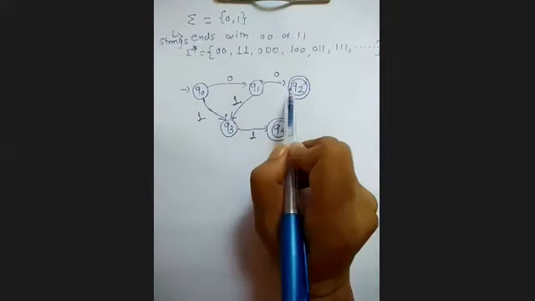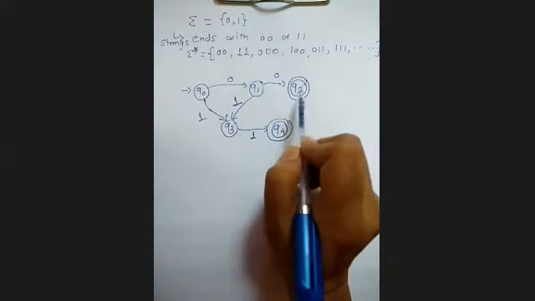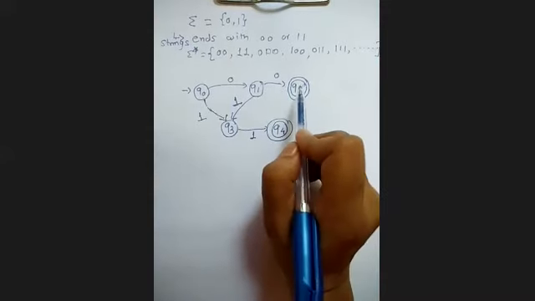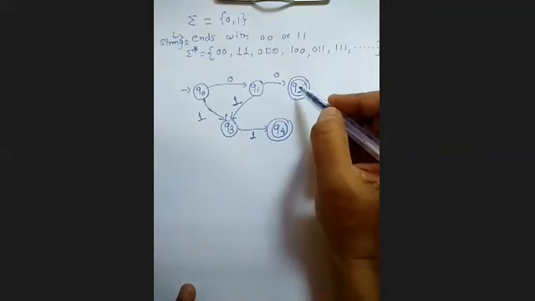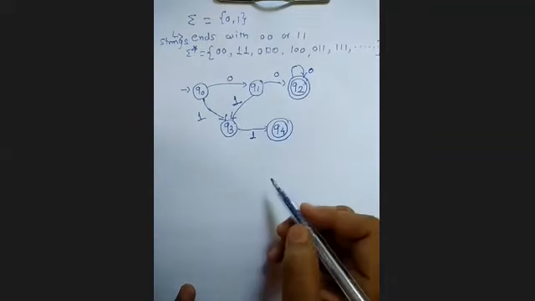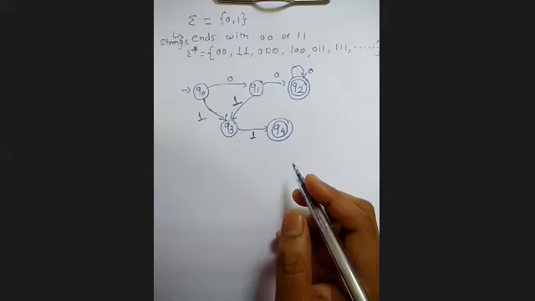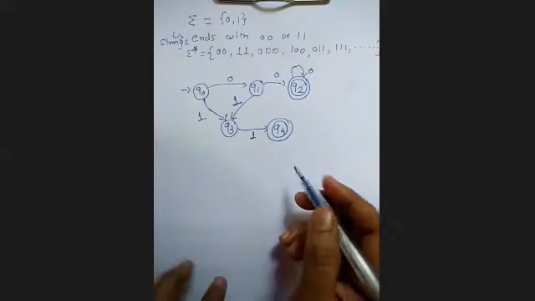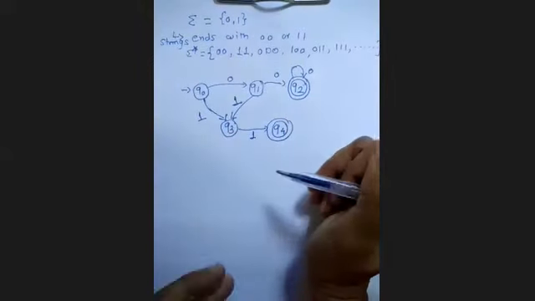See, we want the string ending with 0 0. So once we have checked for 2 zeros, any number of zeros can come after that, no? No matter how many zeros come, once you have counted 2 continuous zeros, it will remain in the final state, no? Okay, so that is correct. So 0, and now you tell me Q2 on 1, where will it go?